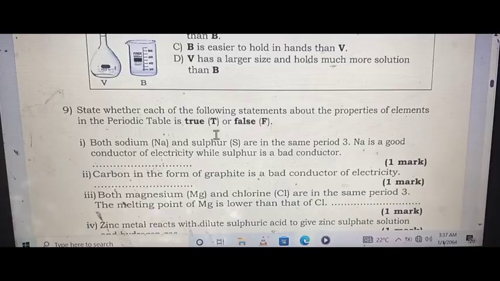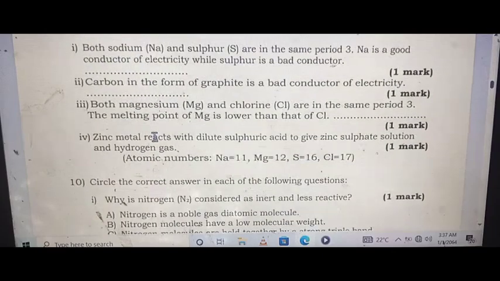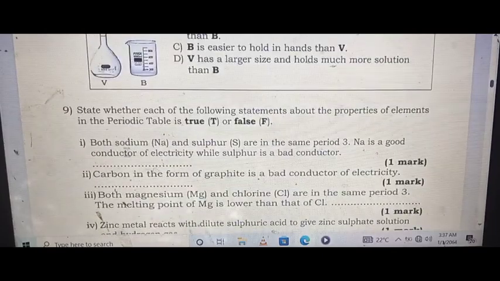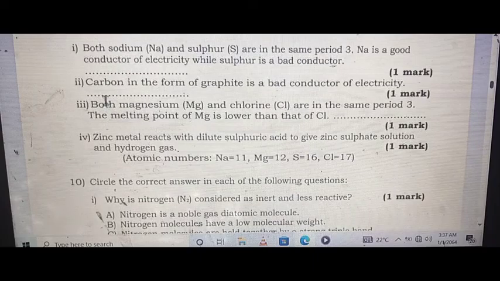Question 9. State whether each of the following statements about the properties of elements in the periodic table is true or false. 1. Both sodium and sulfur are in the same period 3. Sodium is a good conductor of electricity while sulfur is a bad conductor. The correct answer is true. 2. Carbon in the form of graphite is a bad conductor of electricity.